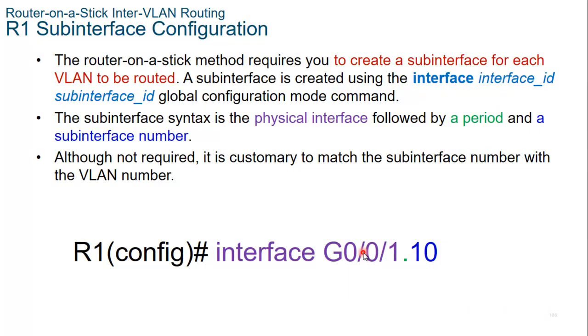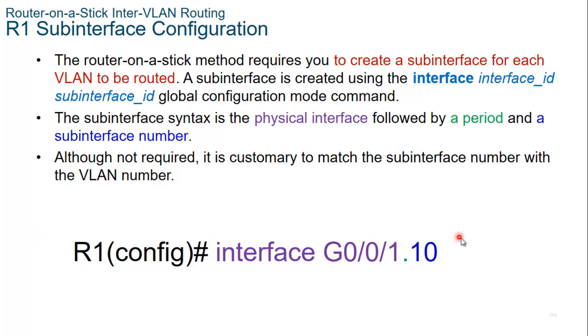The router on a stick method requires you to create a sub-interface for each VLAN to be routed. A sub-interface is created using the interface ID, sub-interface ID command. So the sub-interface syntax is the physical interface, followed by a period and a sub-interface number.